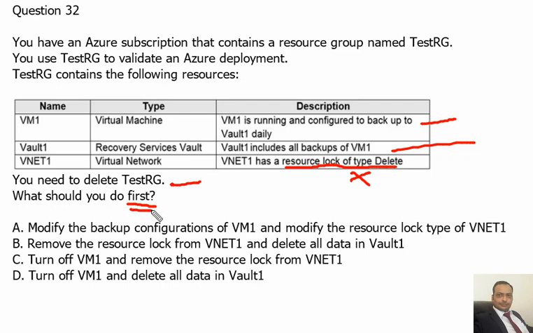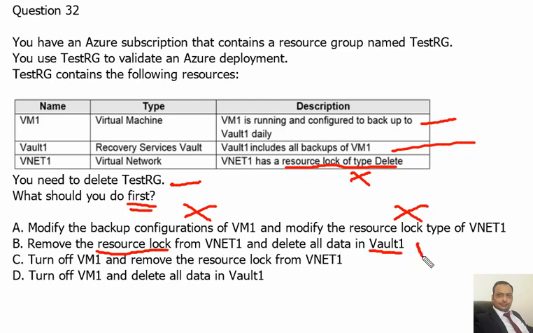Option A is modify the backup configuration of VM1 and modify the resource lock type. The lock type has nothing to do with this, and the backup configuration also does not need to be modified. Remove the resource lock from VNet 1 and delete all the data in Vault 1.